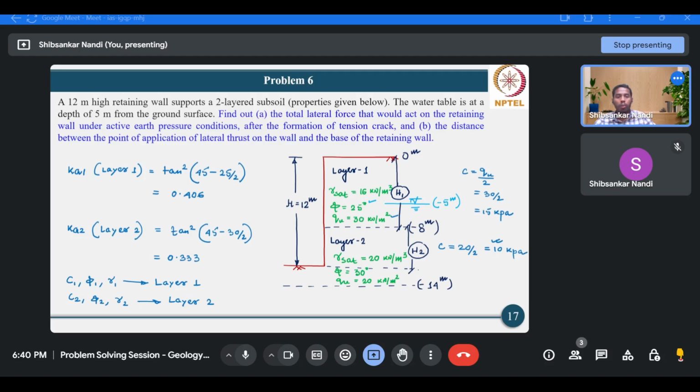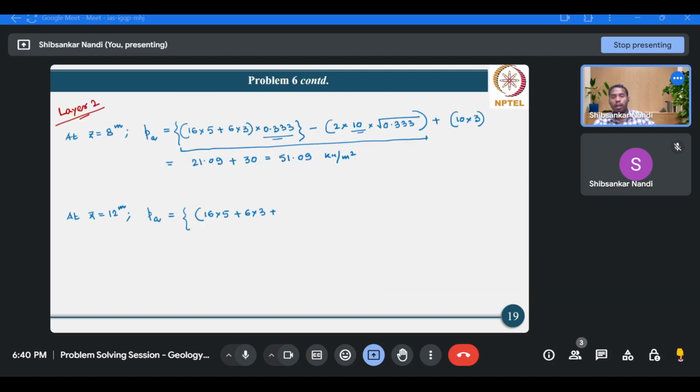H2 is 12 minus 8. Okay, so this is 4 meter height. 10 multiplied by 4, 0.33, minus 2 into 10 into 0.33.